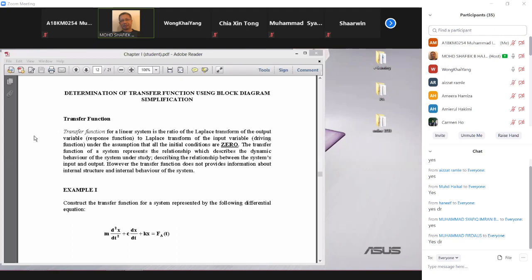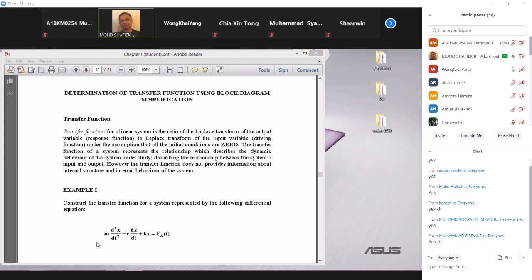So we already discussed this transfer function. Transfer function is basically the ratio of the output over the input in terms of Laplace transformation, in terms of the Laplace variable. If we are only interested in the input variable and output variable, all we need is just the transfer function. But we can also extract this transfer function from our block diagram.